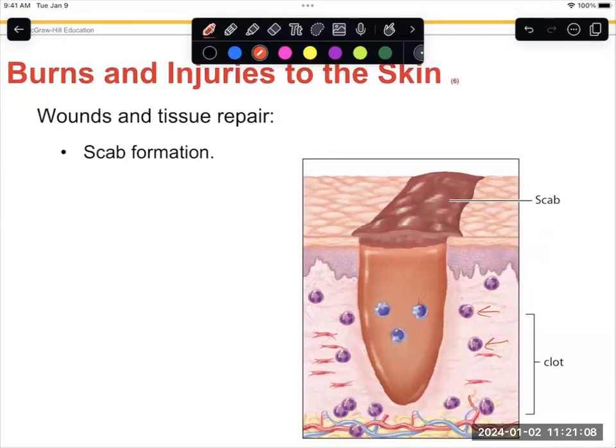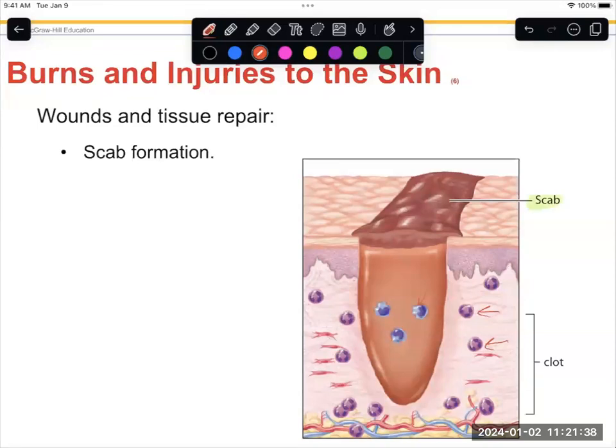And what they're doing is they're cleaning up any kind of debris, anything that may have gotten in when the skin was damaged. The surface of this clot's going to dry and harden from the air. It forms this scab at the surface of the skin. The purpose of a scab is to protect that wound, to prevent it from any infection.